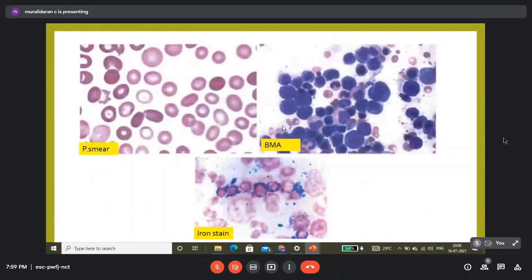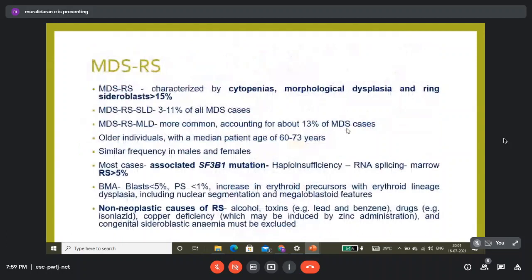So in this same patient, we can see macrocytic anemia, there is thrombocytosis, and iron stain shows this type of sideroblast, particularly present in the perinuclear region, type 3 sideroblast, and we have erythroid hyperplasia in the bone marrow. So it is a case of MDS with ring sideroblasts.